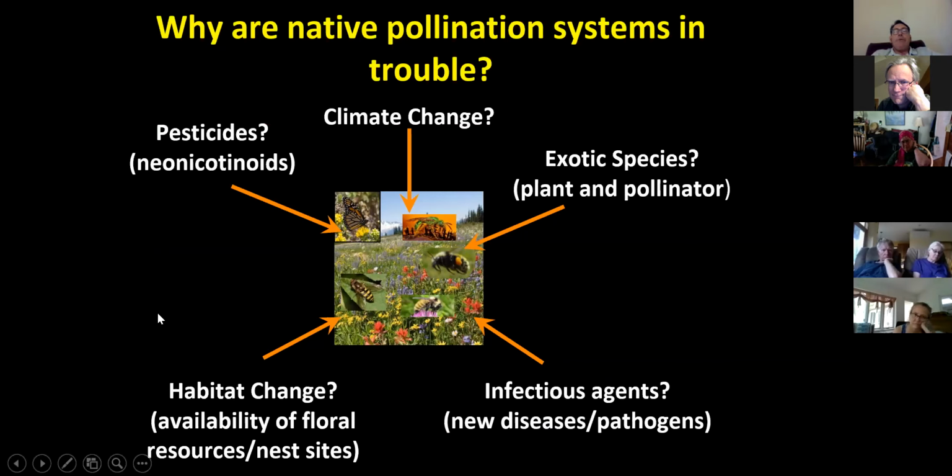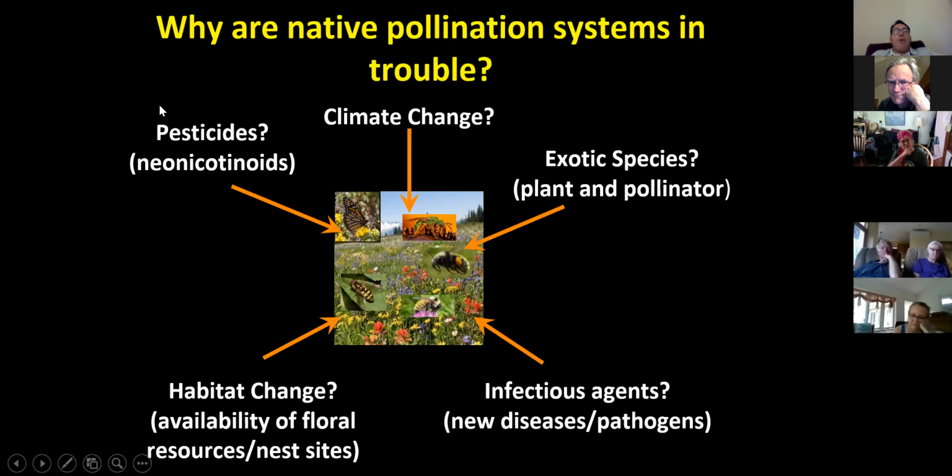My research program covers all of this, and I've studied effects of pesticides fairly extensively, the neonics in particular, and they are not good things, and they are not helping anything in agricultural areas or urban areas where you use neonics. The neonics are affecting the sensory system, which is affecting the behavior, which is affecting both the animal and the plant side of the equation, and they're also having other effects in other systems as well.